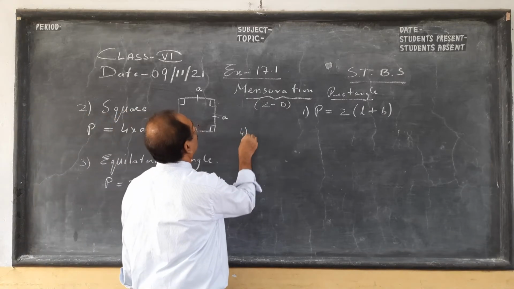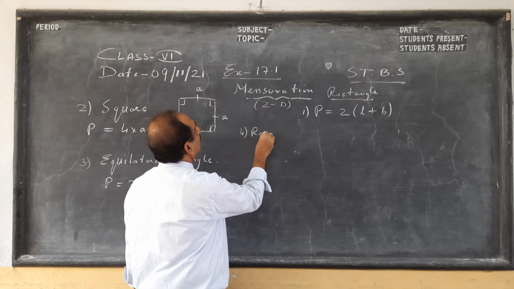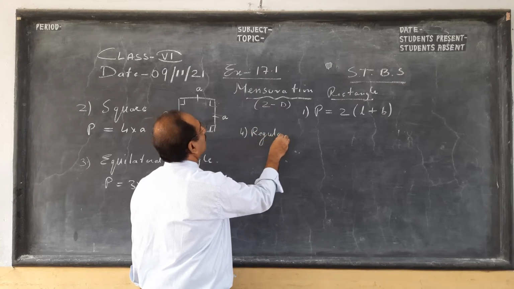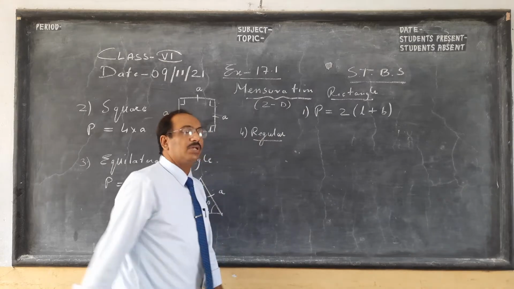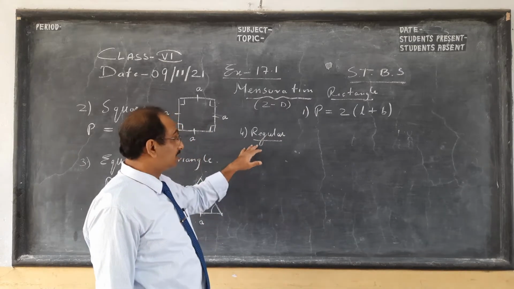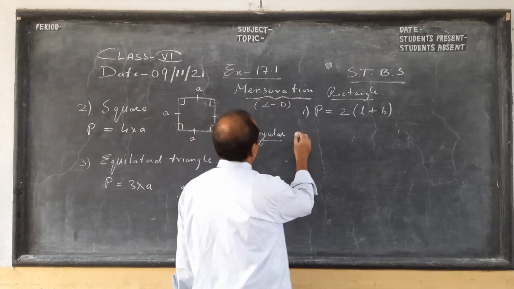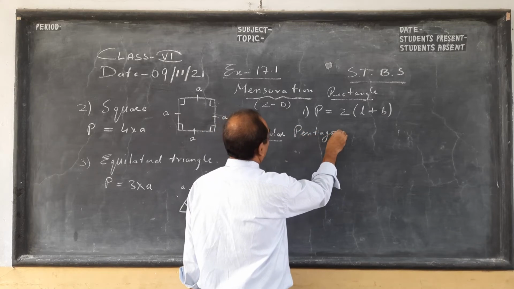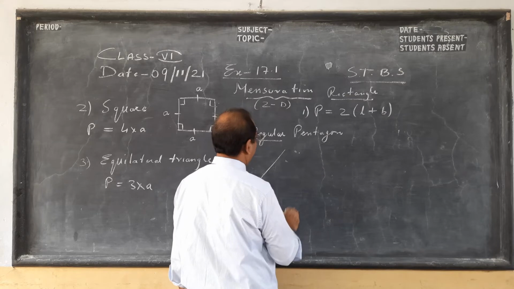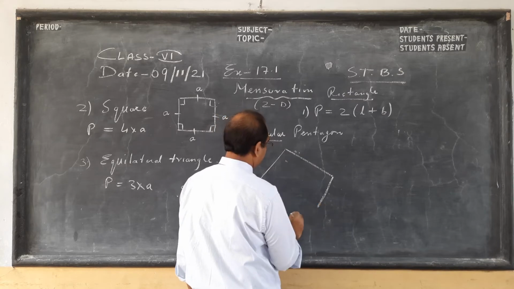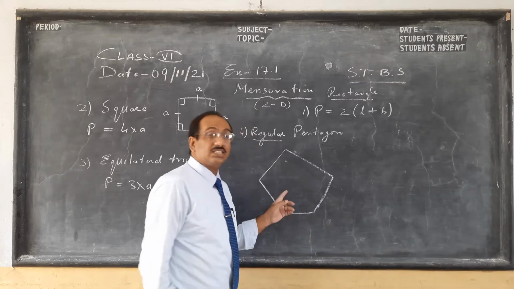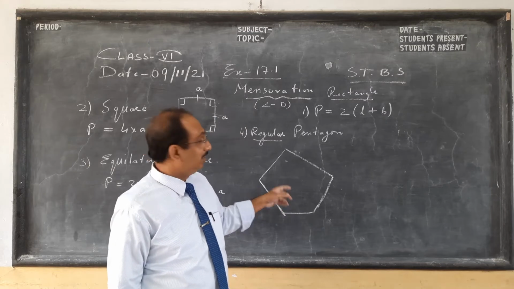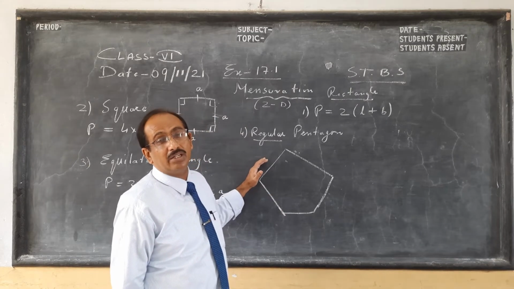Next, number 4 is what we call regular polygons. It's very important. There is one very nice chapter in class 9 called Polygons. Regular polygons. So regular pentagon. Pentagon is a 5-sided figure. Okay. If you see US Defense Headquarters, it is in the shape of a pentagon.